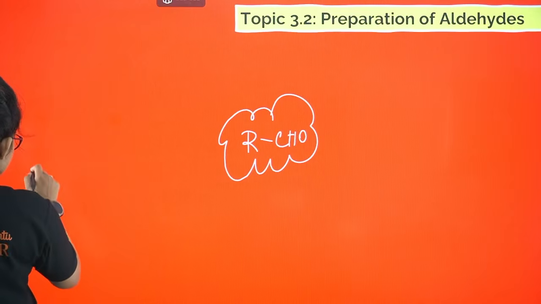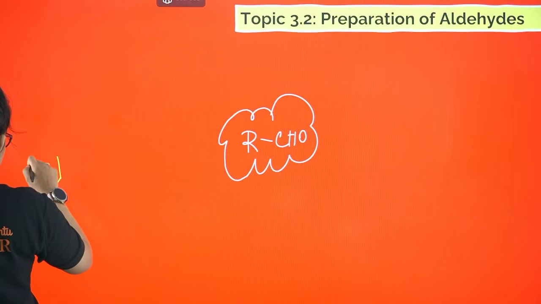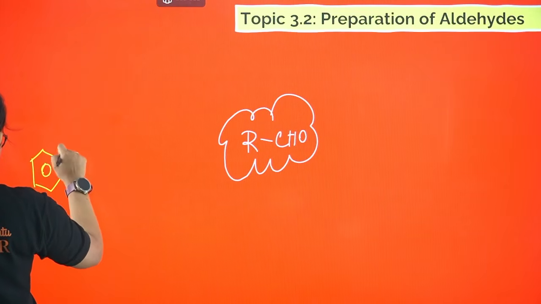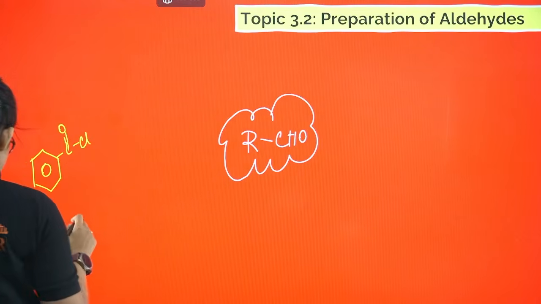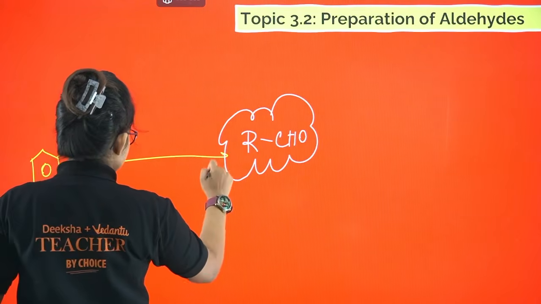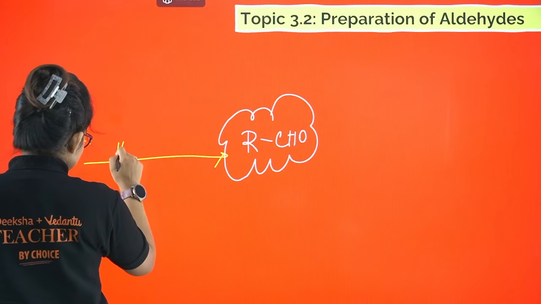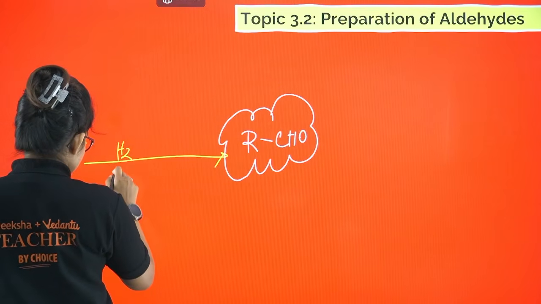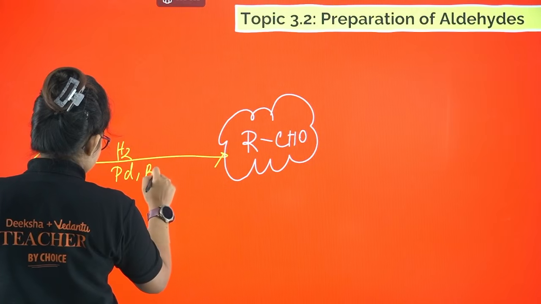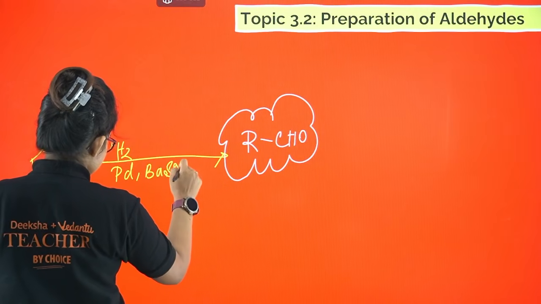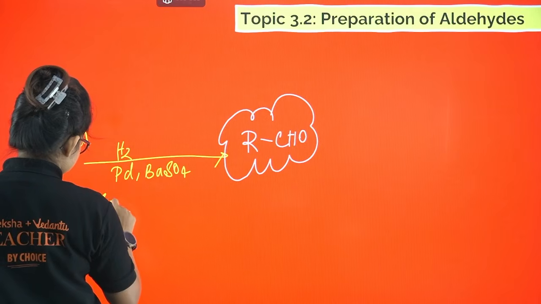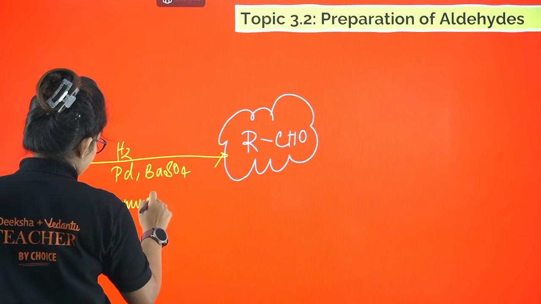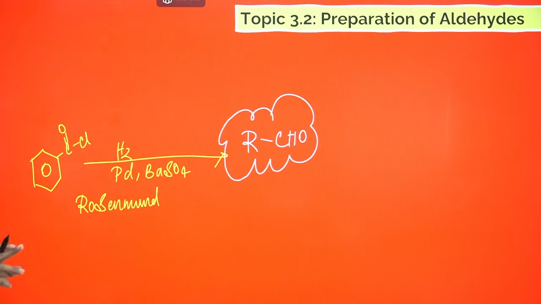From acyl chloride means benzene with COCl. From here to here, I am giving H2, Pd in presence of BaSO4. So what is the name of the reaction? Yes, the name of the reaction is Rosenmund. Very important reagent, remember this.